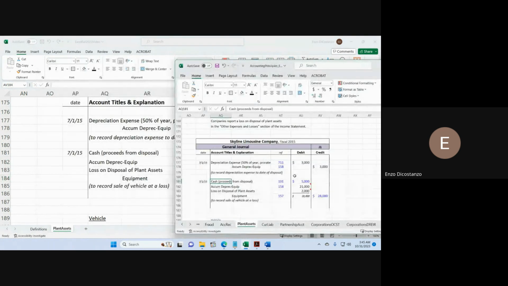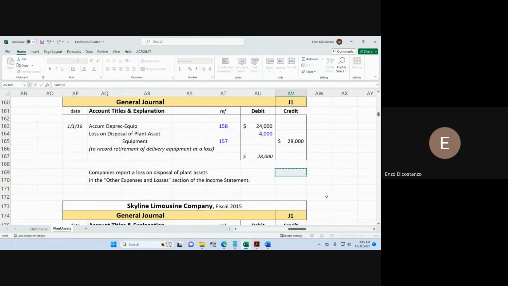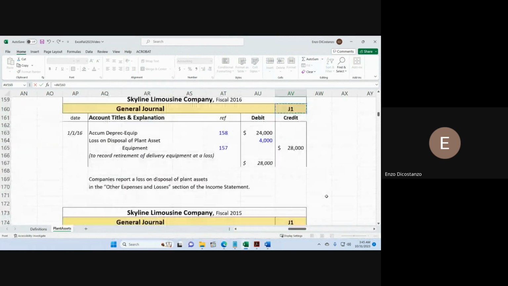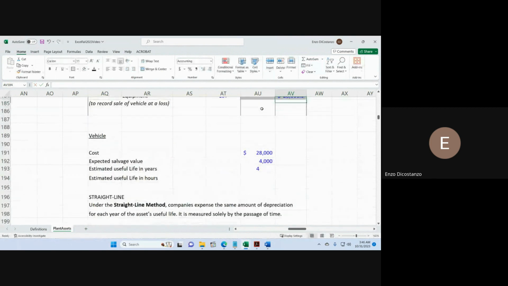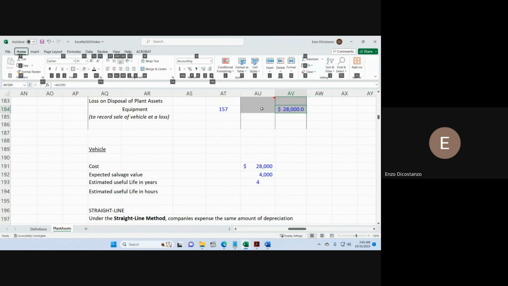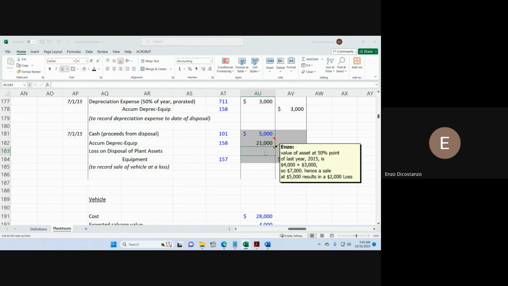The equipment is still written off. Still 28,000. So you have 26. So you're left with a $2,000 loss, right?